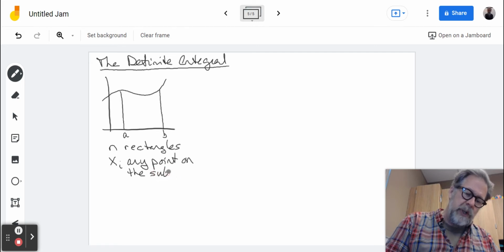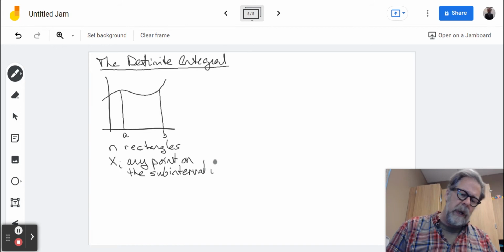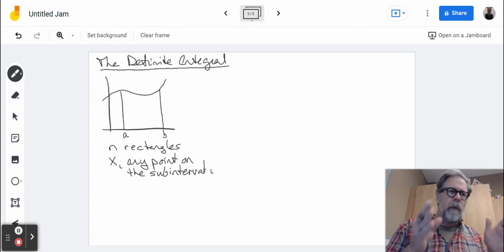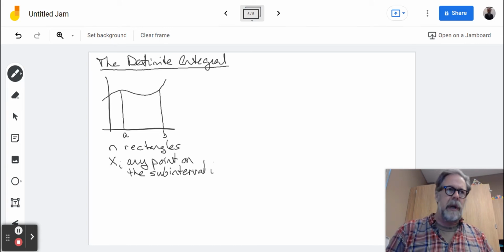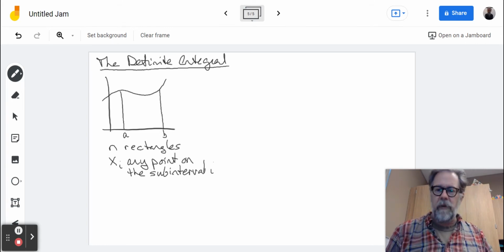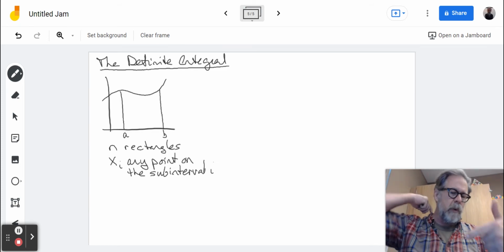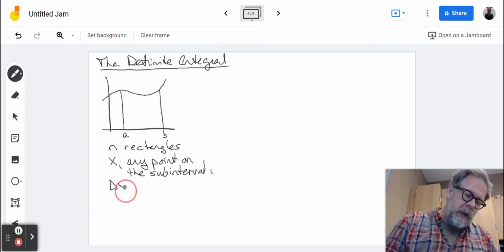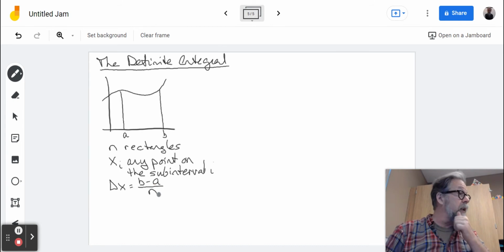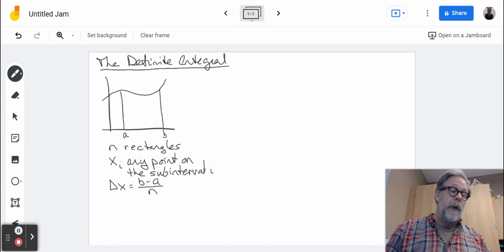Actually, I'm going to change that and say on the subinterval I. So we're going to be splitting this up into n rectangles, and each of them is going to be given a designation: rectangle 1, rectangle 2, rectangle 3, rectangle 4. Now, the width of each rectangle is just going to be the width of the region divided by the number of rectangles into which we split it. And so let's look at what we've got here.